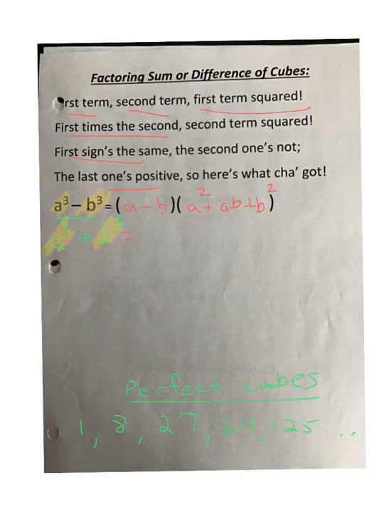Okay, so the same thing goes with the sum. So first term, a, second term, b, first term squared, multiply them, second one squared. Always positive. This sign will match this sign.